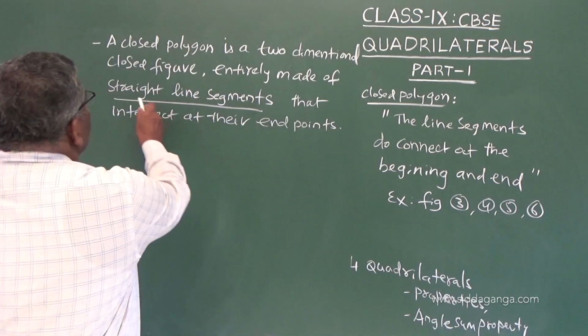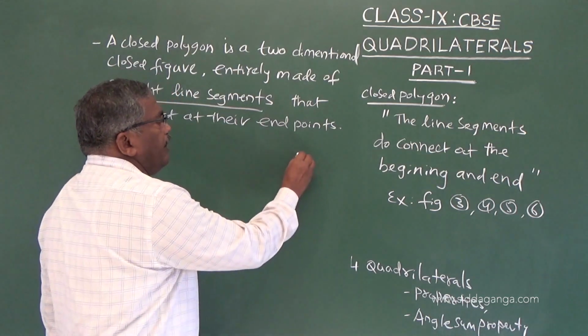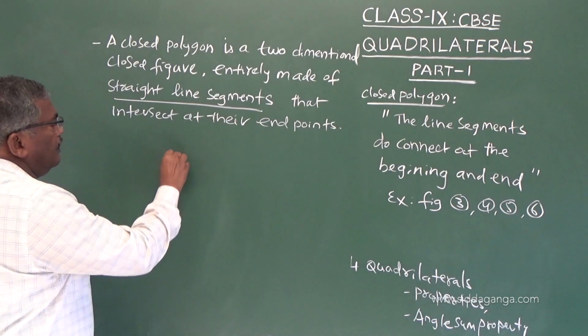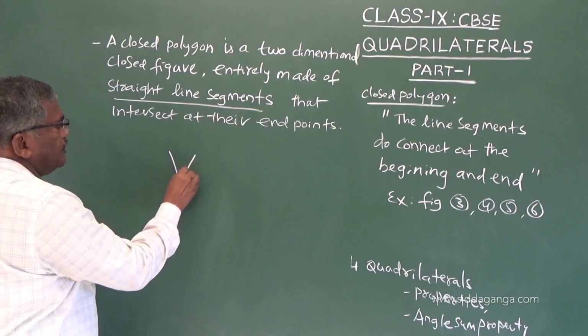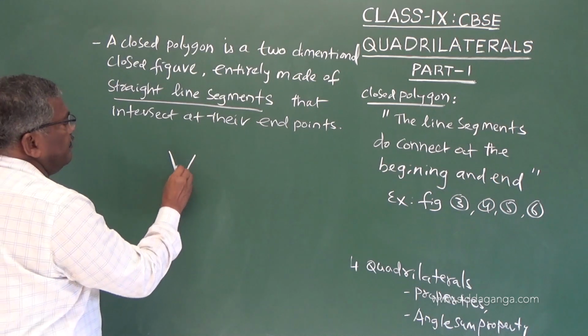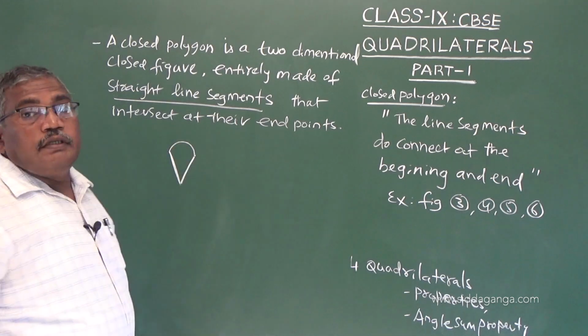Suppose we have an ice cream cone type structure, where these two are straight line segments but we have an arc here.